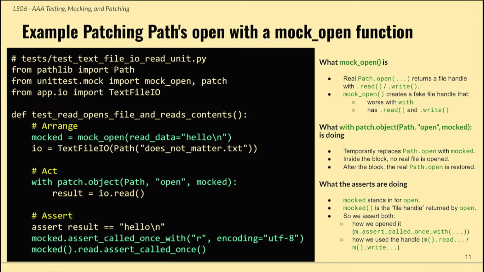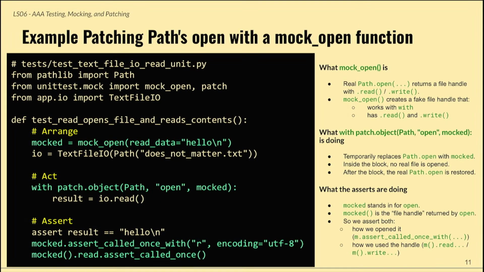And so we can test that down below and have some confirmation that we have isolated this text file I/O and its read method from the underlying file system. We've substituted behavior so we didn't have to actually read a file, and we can write unit tests that are separating the concern of our underlying system and our side effects from just the unit we're testing, all right?